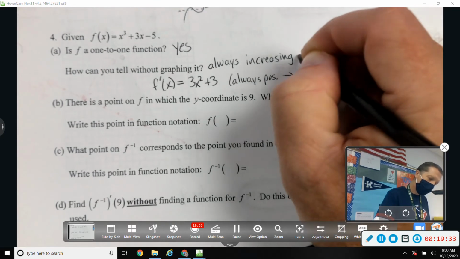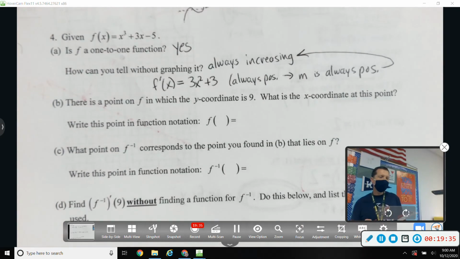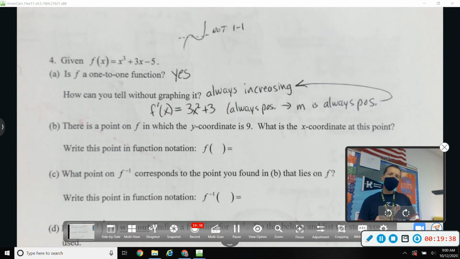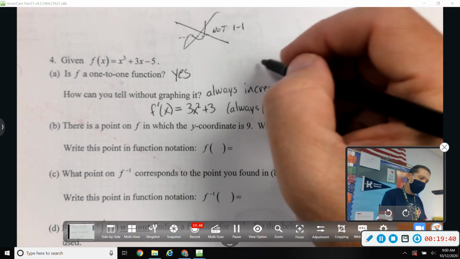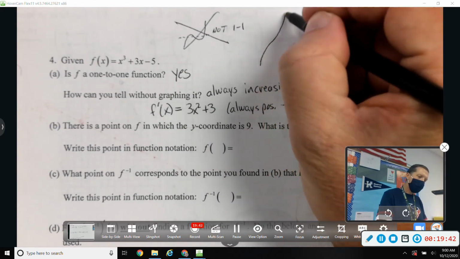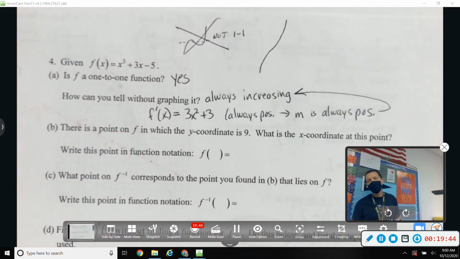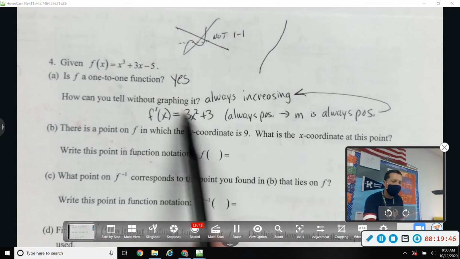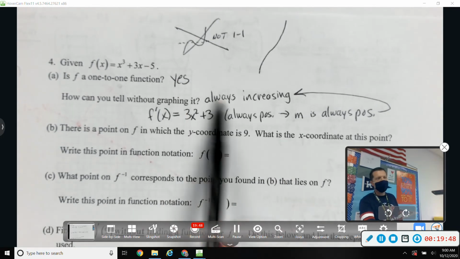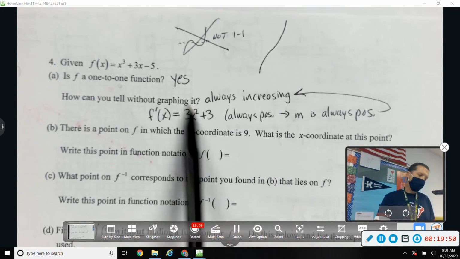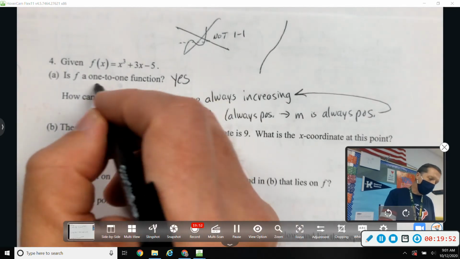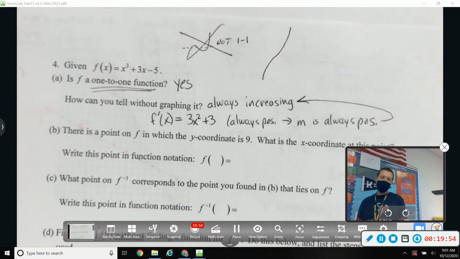And that means that it's always increasing. So it's cubic, but it doesn't look like that. It looks something like that, where it's always increasing. This stuff we don't really know yet, so you don't have to worry about it. If that was a little bit weird, you're not going to have to come up with that on your own. The point is it's one-to-one, and so we can do what we want to do with it.